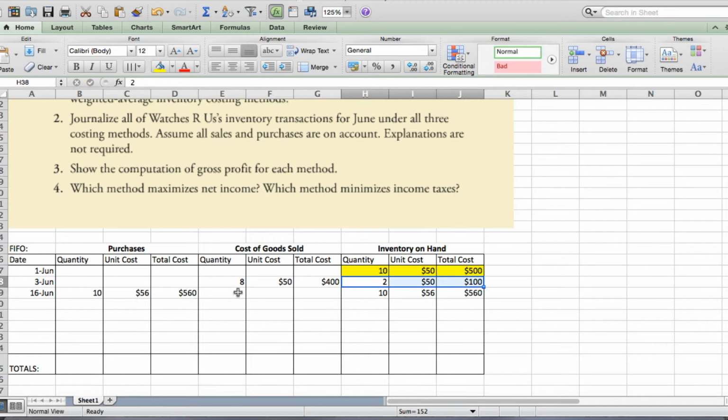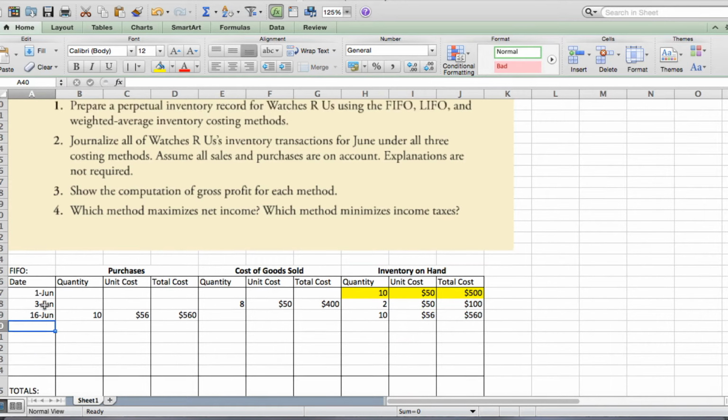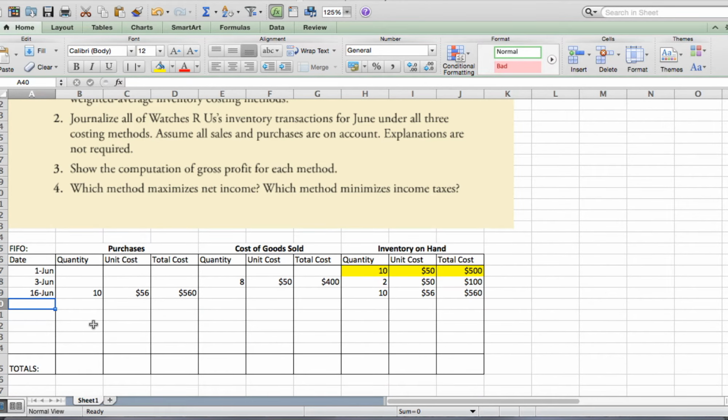So I'm going to first record, well, let me put the date in first. Under cost of goods sold, I'm first going to record selling 2 units at $50. That uses up all of my older inventory first. So I'll highlight those 2 units there to show that I have now used those up.